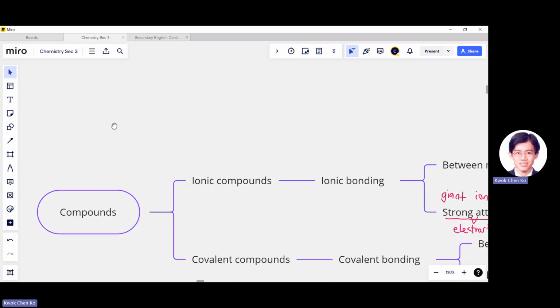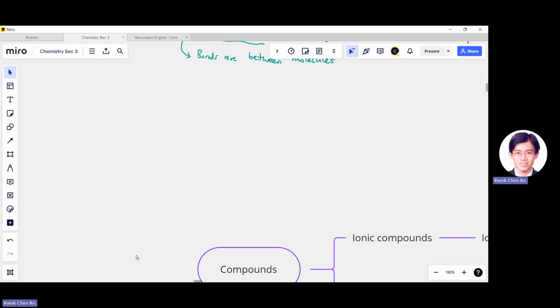You must write down now because you're going to see this term for the rest of your upper secondary. It's definitely going to come up for other chapters too. Physical properties are what you have learned, especially in primary school or lower secondary: density, color, state of matter, even though it's temperature dependent.